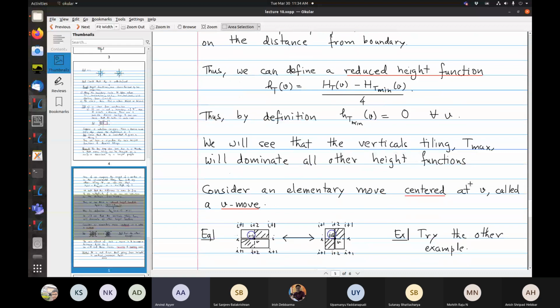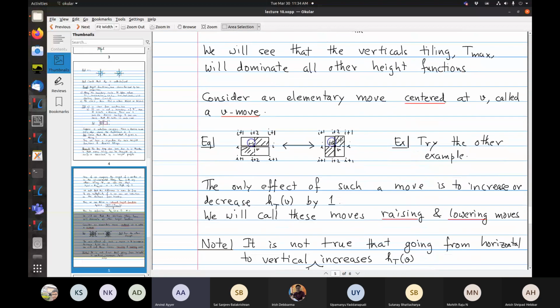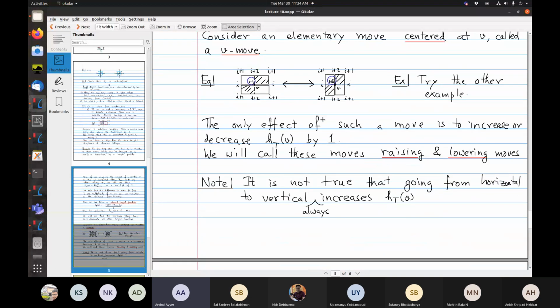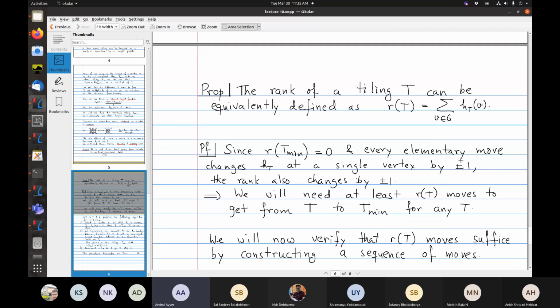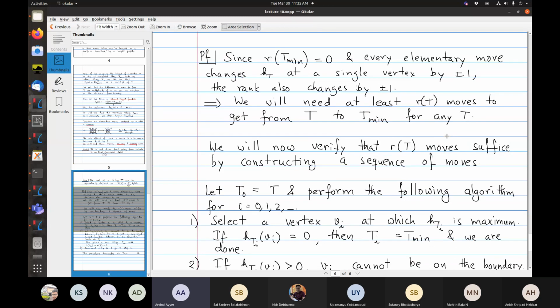And we constructed this reduced height function, and we showed that you can construct the rank of a tiling alternately as the sum of the reduced height function over all vertices. For the all horizontal tilings, this was 0.